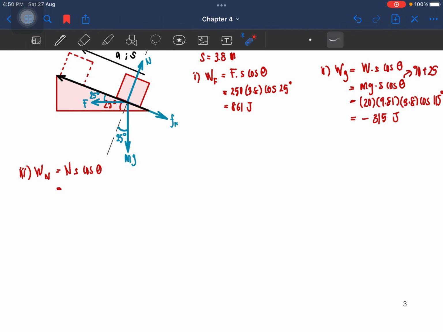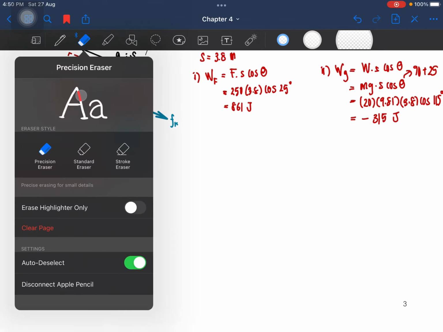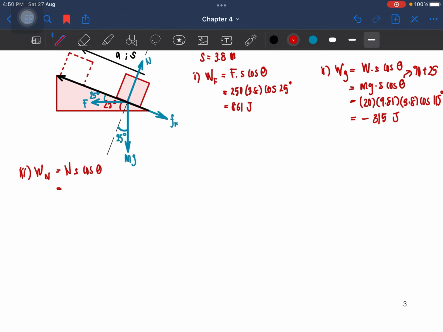Again, from here to here, it is 90 degrees. So when it is 90 degrees, the work done will be equal to 0. Just write it like this: N s cos 90 degree equals 0.